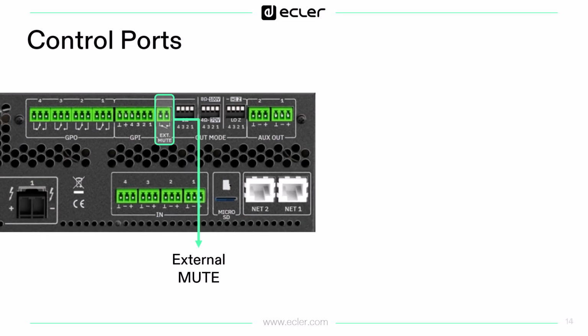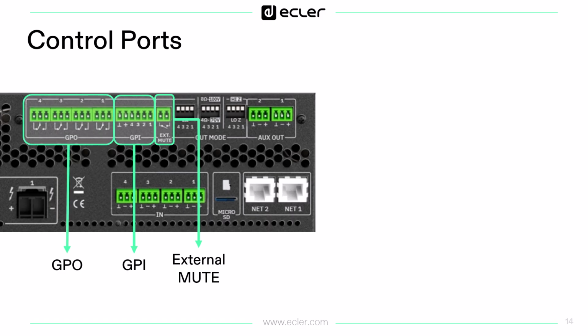We can find external mute, which allows muting the audio outputs of the unit by means of a push button, relay, or external potential-free contact closure. 4 GPIs, where you can connect remotes like the WPA wall panel or similar. They can also be used as a contact closure to launch events.